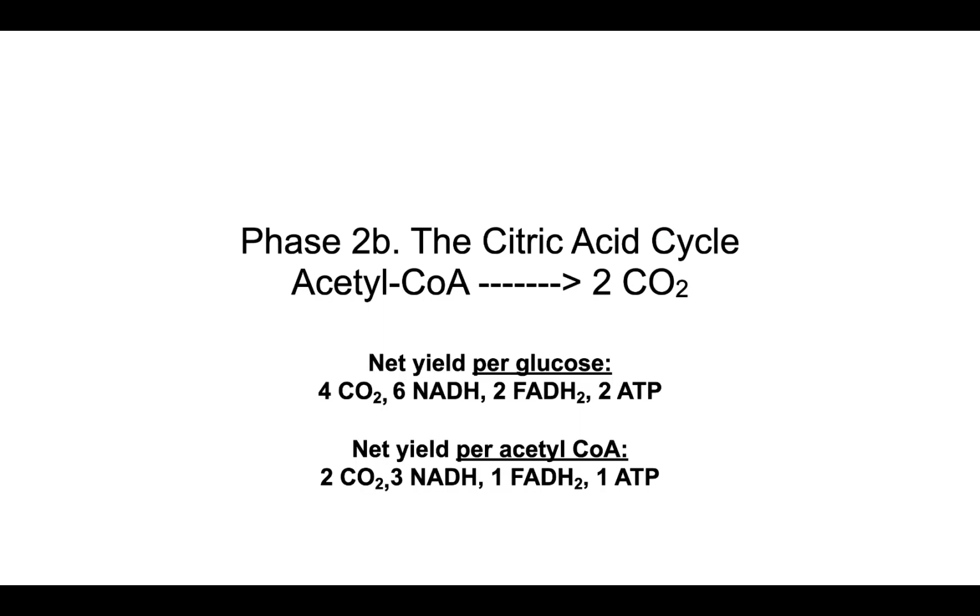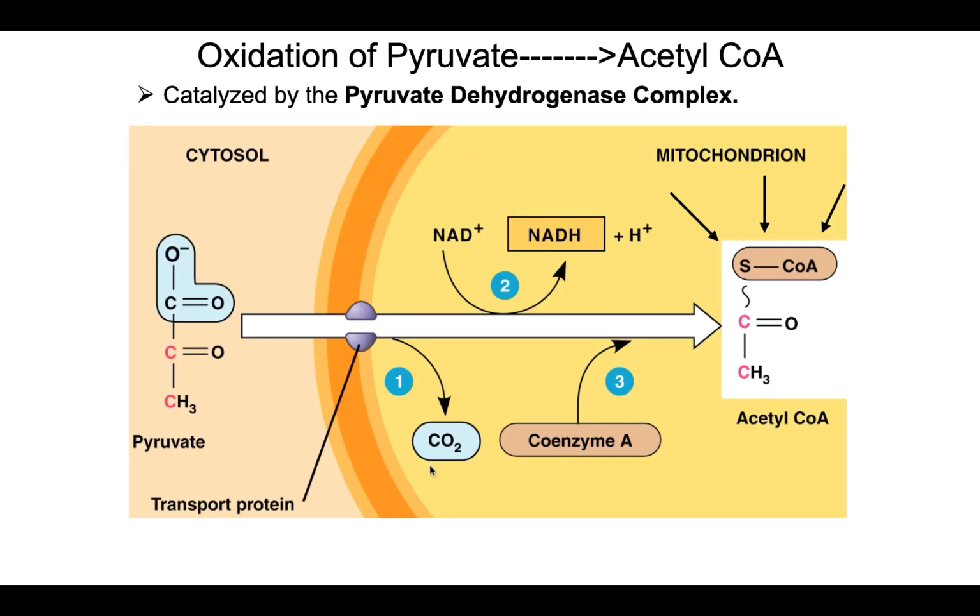All right, what is that next reaction? What is it that acetyl-CoA is involved in? Well, it's involved in a set of reactions called the citric acid cycle. And the net yield per acetyl-CoA, so one round of the citric acid cycle, is 2 CO2. Look at that.